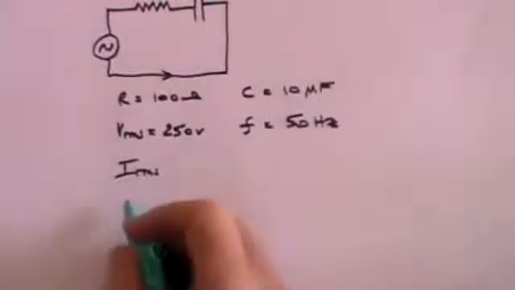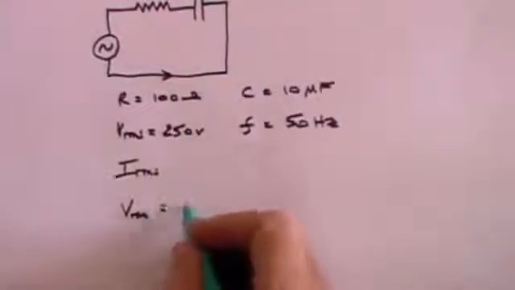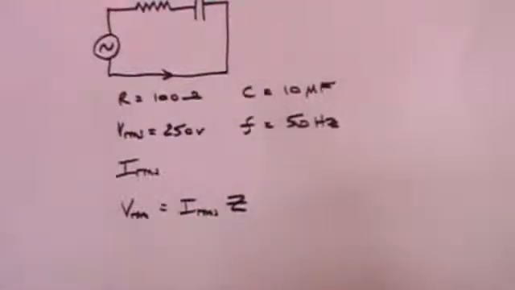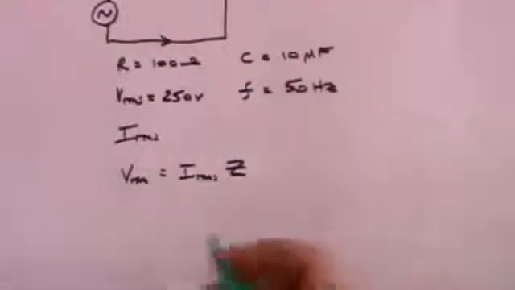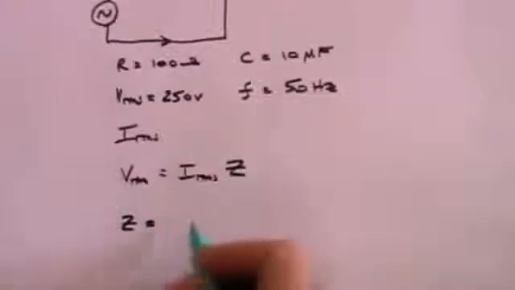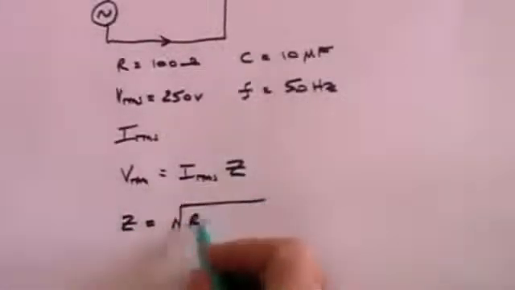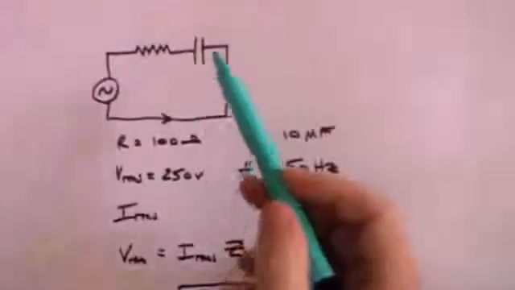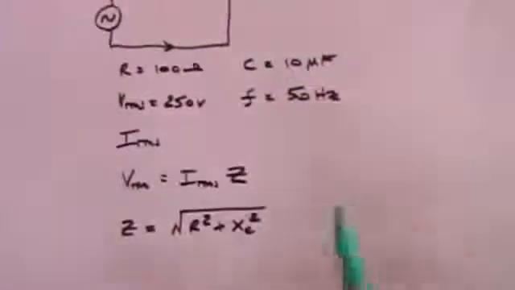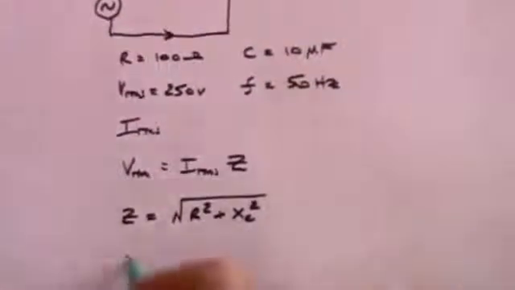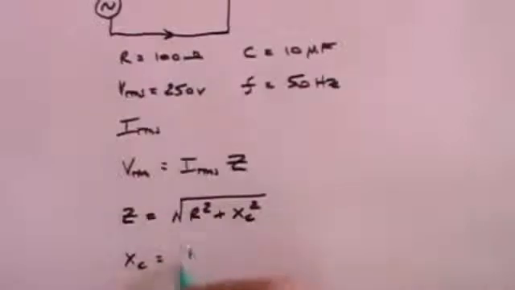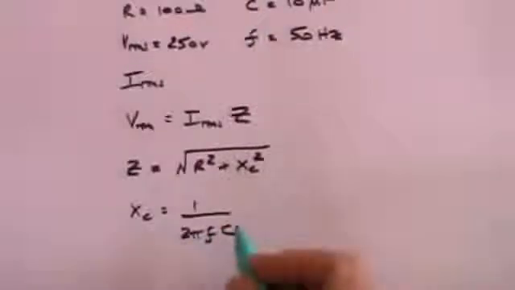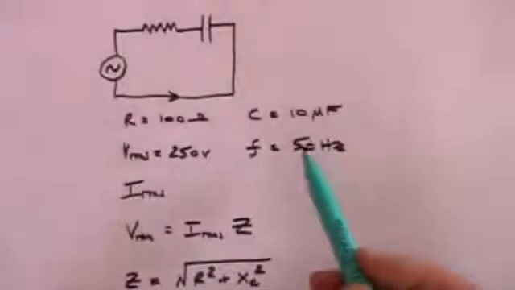Well, we remind ourselves that VRMS is equal to IRMS times Z. That is essentially Ohm's law for impedance. We also know that the impedance has a value of the square root of R squared plus the reactance squared. Reactance, of course, is the capacitor in this case, and we know that XC is 1 over 2 pi f times C. We know f, that's 50 hertz.